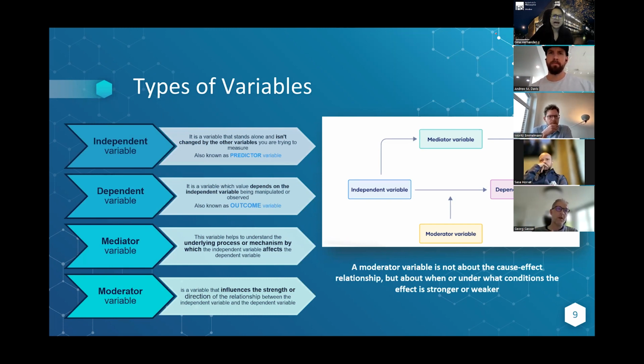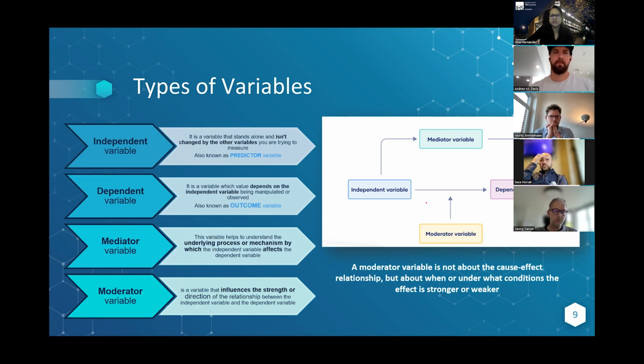It is a variable that stands alone and isn't changed by any other variable. This is why we call it independent. The opposite of this variable is the dependent variable, which depends on the independent variable. On the changes that we make in the independent variable, we will see changes in the dependent variable.